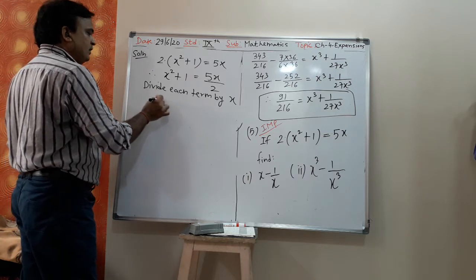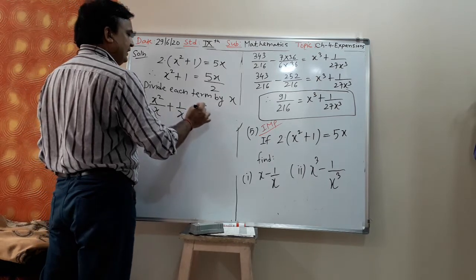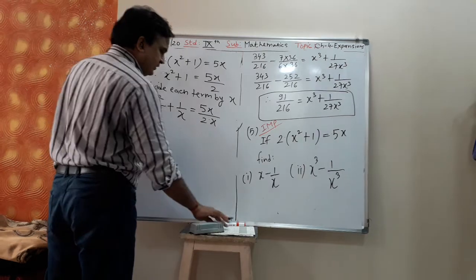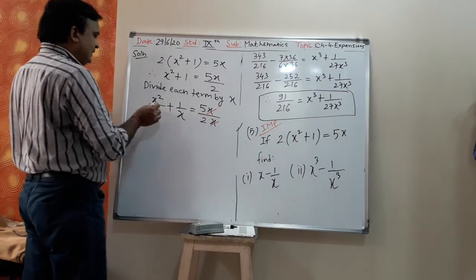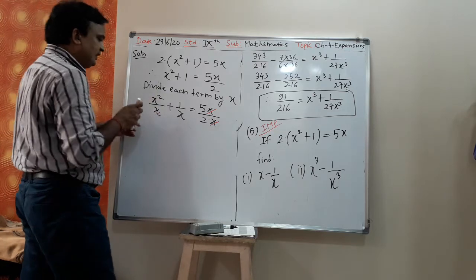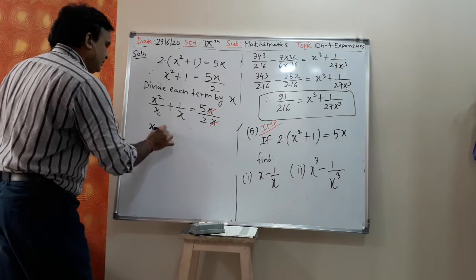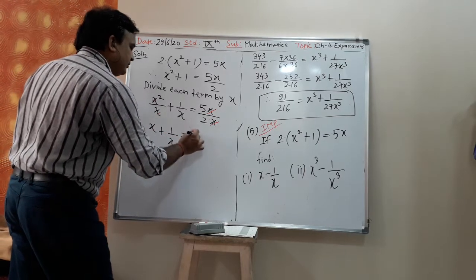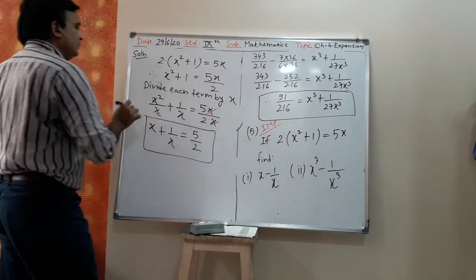X square upon x plus 1 upon x is 5x upon 2. Now the x's get cancelled. So what is left? X plus 1 upon x is 5 by 2.